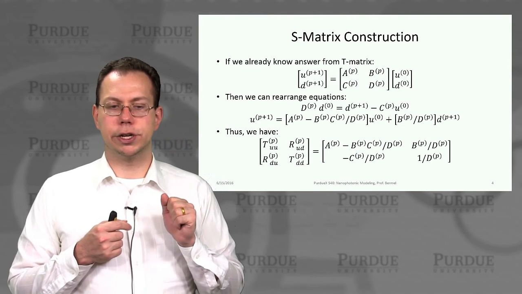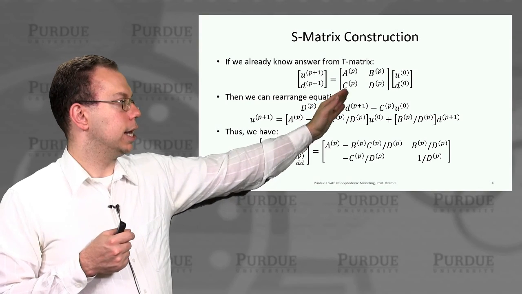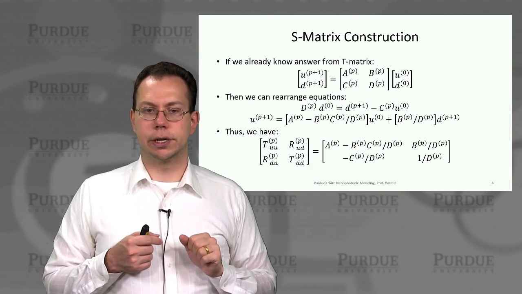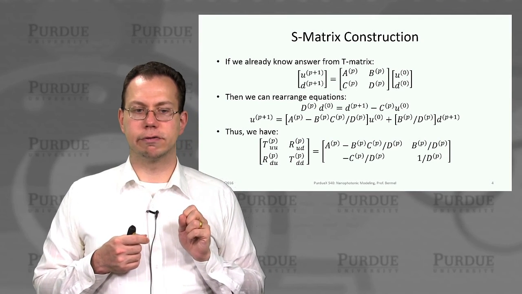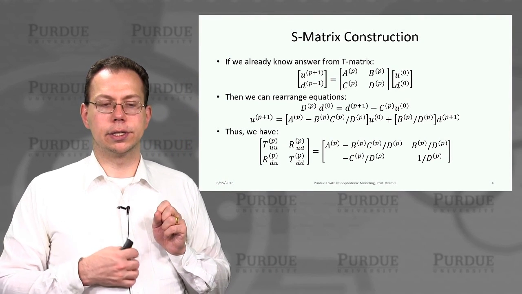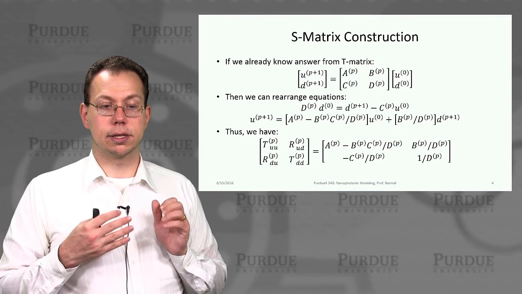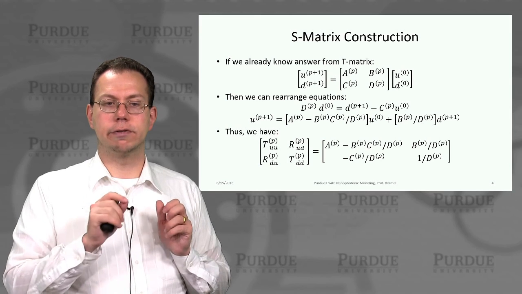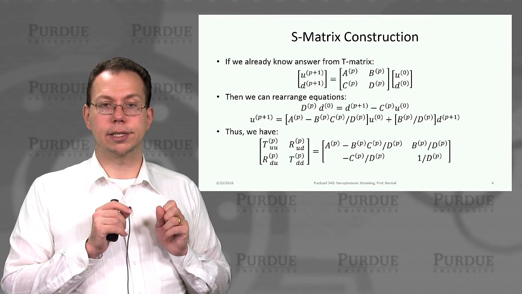So what we do is we write down just an ABCD matrix from the T matrix formulation. Okay, so that's simple enough. And we can actually then rearrange everything so that we have something that matches up with the formulation of the S matrix.